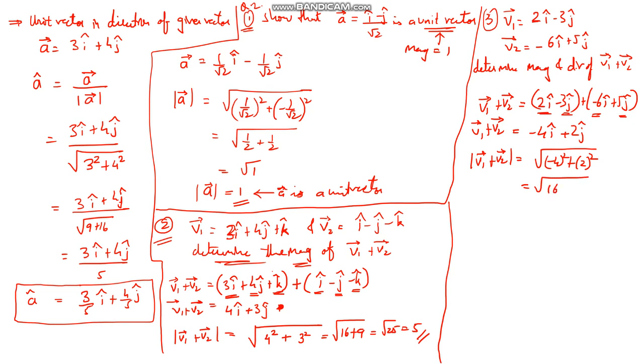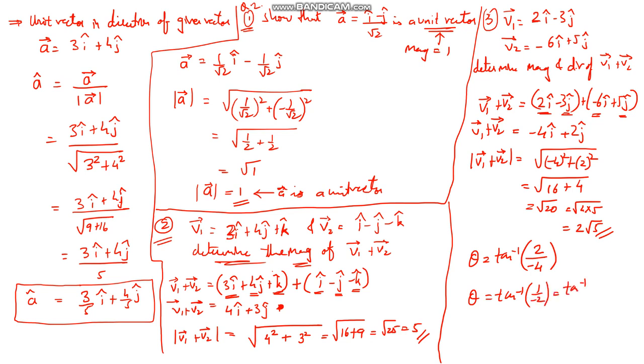So minus 4 squared will be 16, 2 squared will be 4, so this is root of 20. Now you can also write it as 4 into 5, because the root of 4 comes out as 2 and root 5 stays as it is. So that is the magnitude. Now for direction, if you all remember how we find the direction: tan inverse of the y component upon the x component. So the y component here is 2, the x component is minus 4, so theta will be equal to tan inverse of 1 by minus 2, or you can write it as tan inverse of minus 1 by 2.